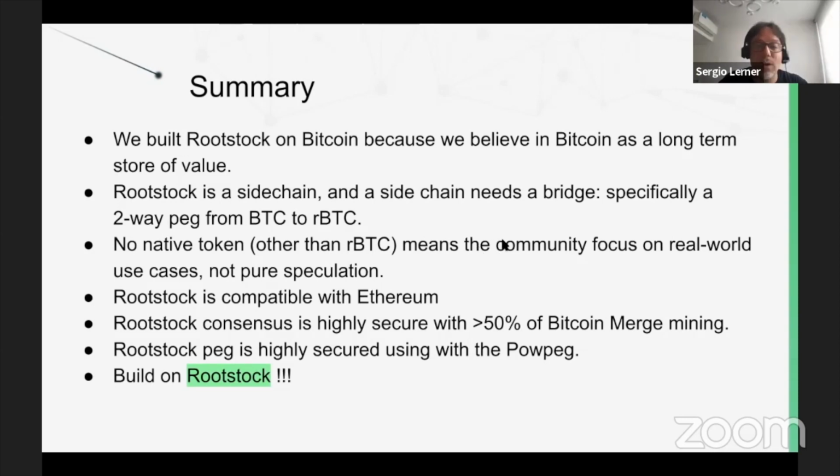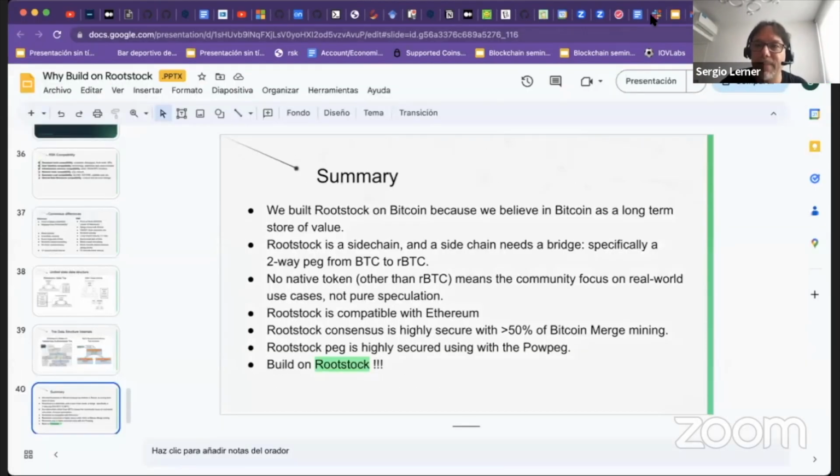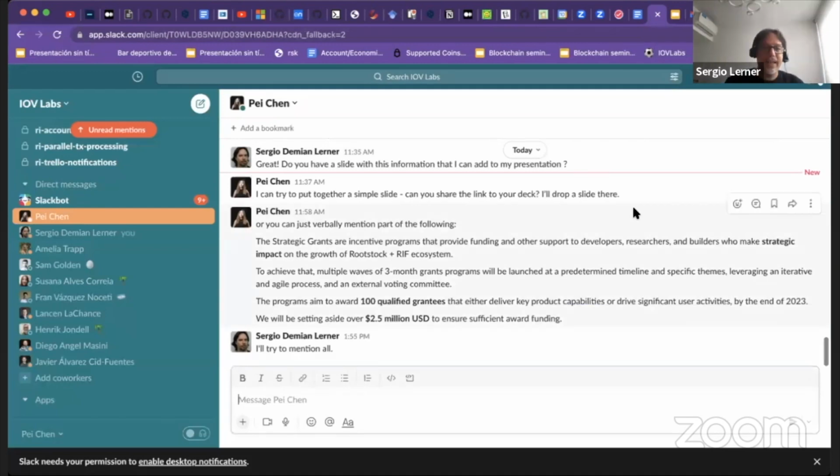I just want to add to this, and I think this is very important: this year there will be a strategic grant program to provide funding for developers, researchers, and builders who really want to make a strategic impact on the growth of the Rootstock and Reef ecosystem. There will be waves of 3-month grants with certain timelines, each with a certain theme.